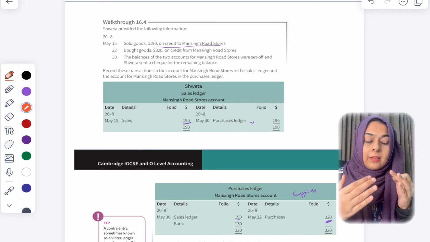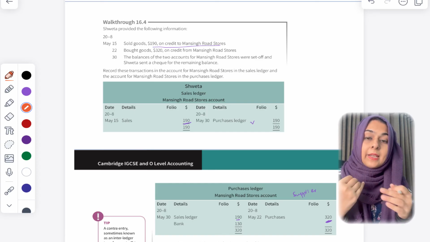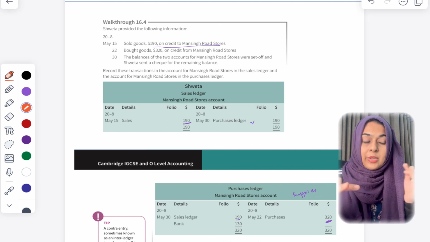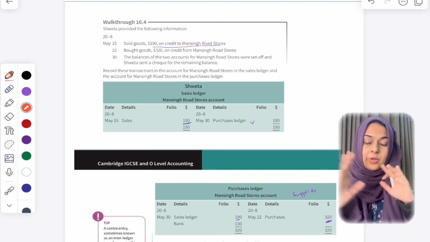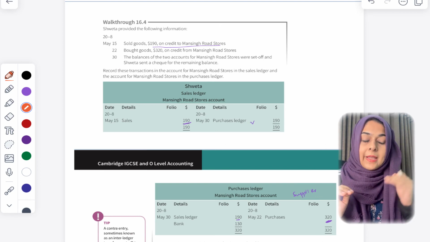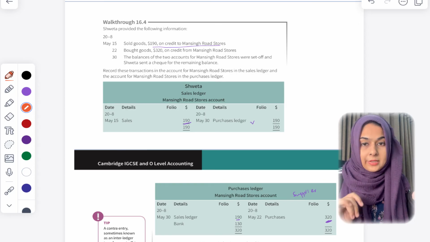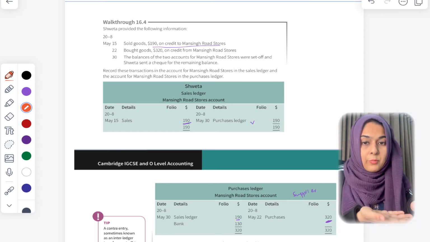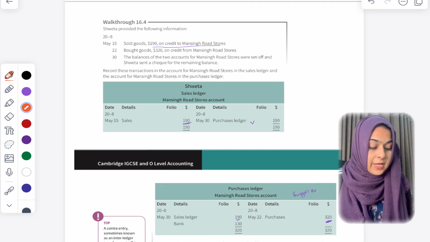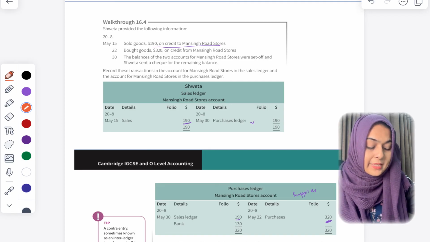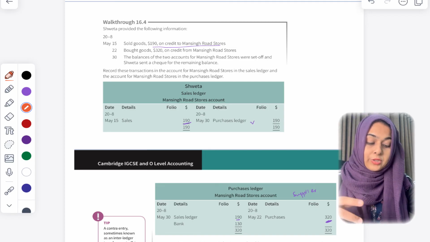Rather than they paying me 190 and I paying them 320, we can just set off 190 in both the accounts, and then I can pay them 130 because I owed them more. I owed them 320, so 190 will be set off in both.